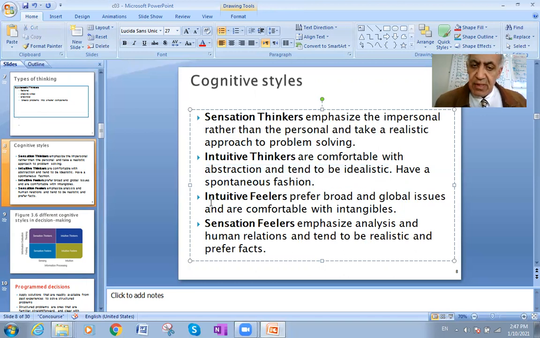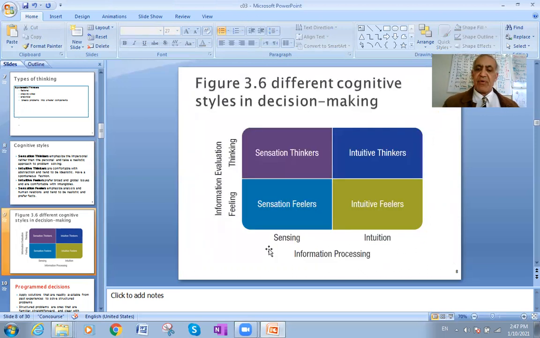Intuitive feelers prefer broad and global issues and are comfortable with intangibles, meaning things you cannot touch or catch. Sensation feelers emphasize analysis and human relations and tend to be realistic and prefer facts. Those are the four kinds.